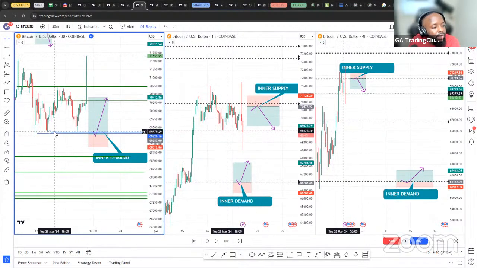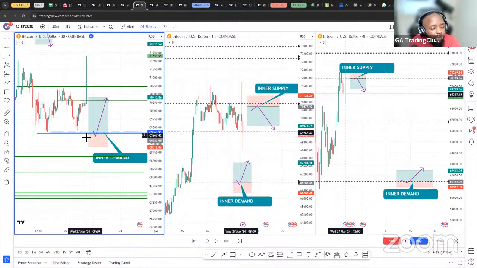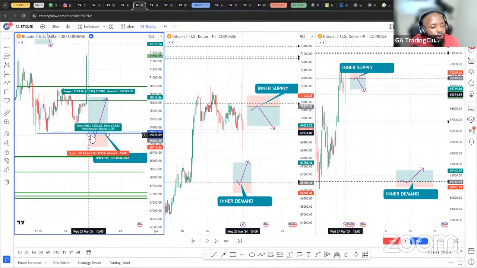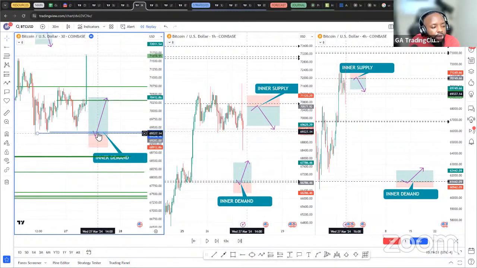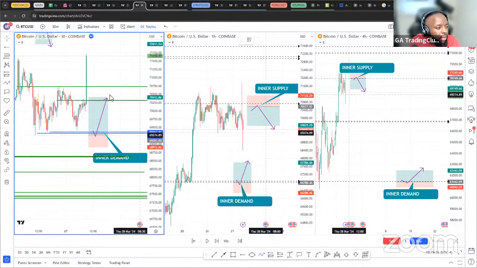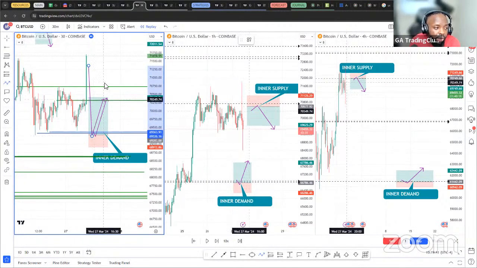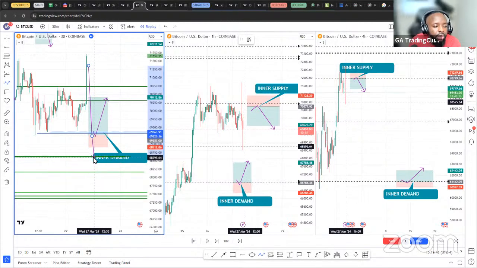You look at where your demand is, then you look at where the nearest concentration of SARs is, and this was around 68,625. So in this instance, as much as you're looking for your inner demand area at 69,300, or I think it was 282 region, one expectation would be for price to either drop here and go there. That would be your best case expectation. But your other expectation can be going past your stop loss, tapping the nearest SAR.